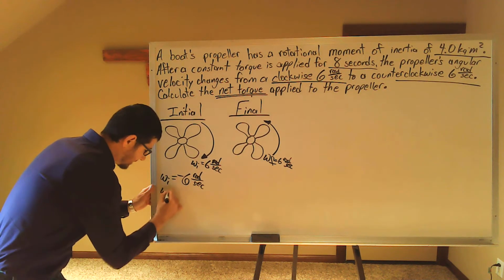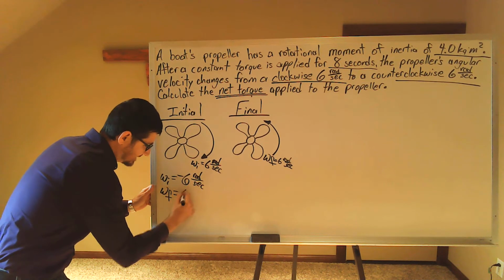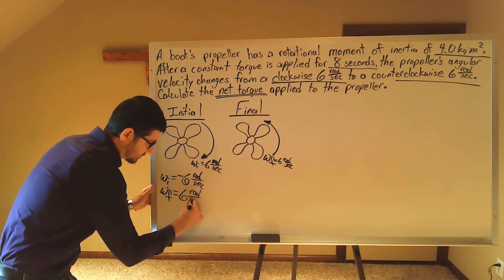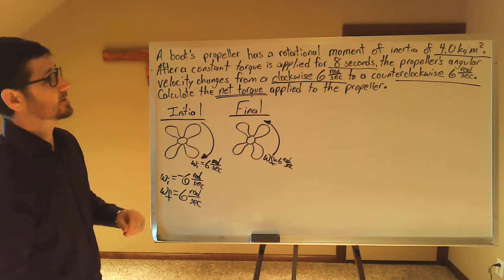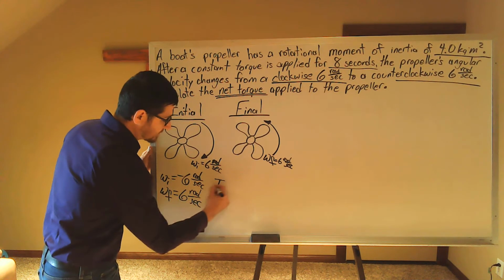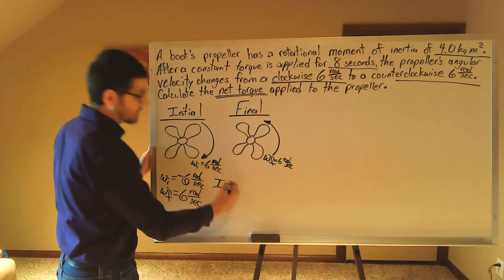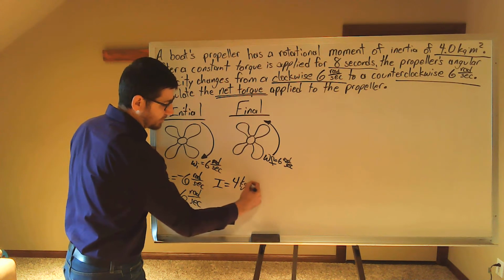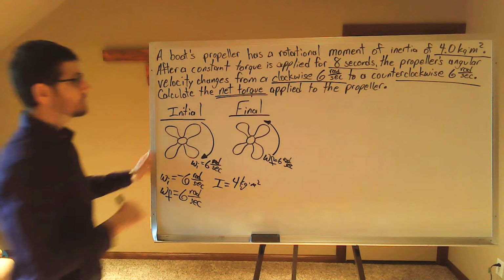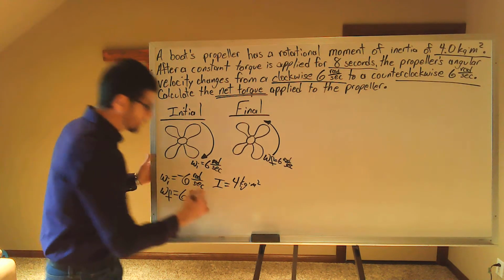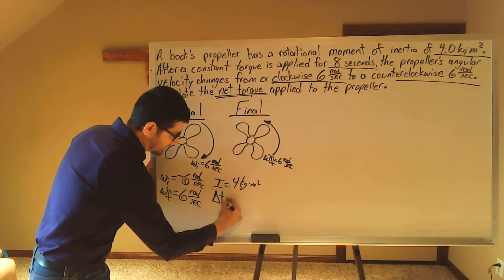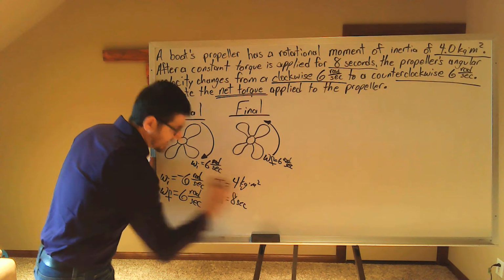So final angular velocity is 6 radians per second, and that's going to be positive. We know some other things here. So the moment of inertia, identified by capital I, is 4 kilogram meters squared. And also we have a time interval of applied torque, so delta T is 8 seconds.